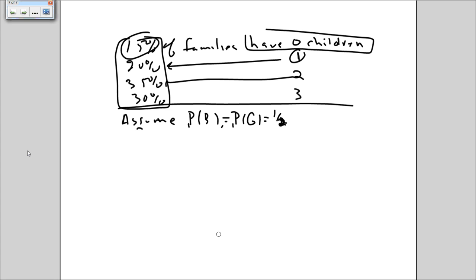Just because I have a bad memory, I'm going to write girls and then boys. Okay, what is the probability you have 1 girl and 2 boys? So this is equal to the probability that you have 1 girl.